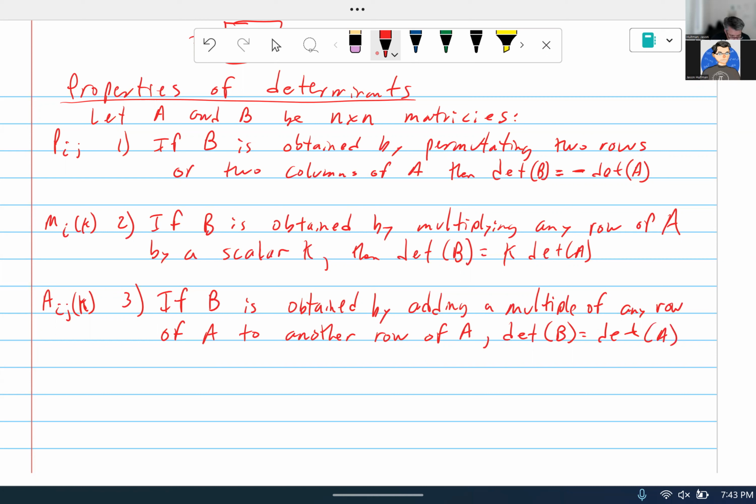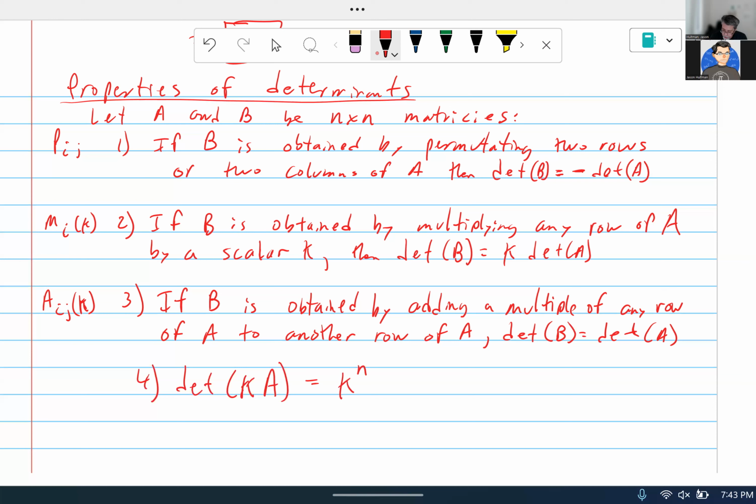Okay, so number 4, the determinant of K times A. If I multiply the entire matrix by K, that means all 3 rows, then that is 3 K's multiplied, or K to the nth power.